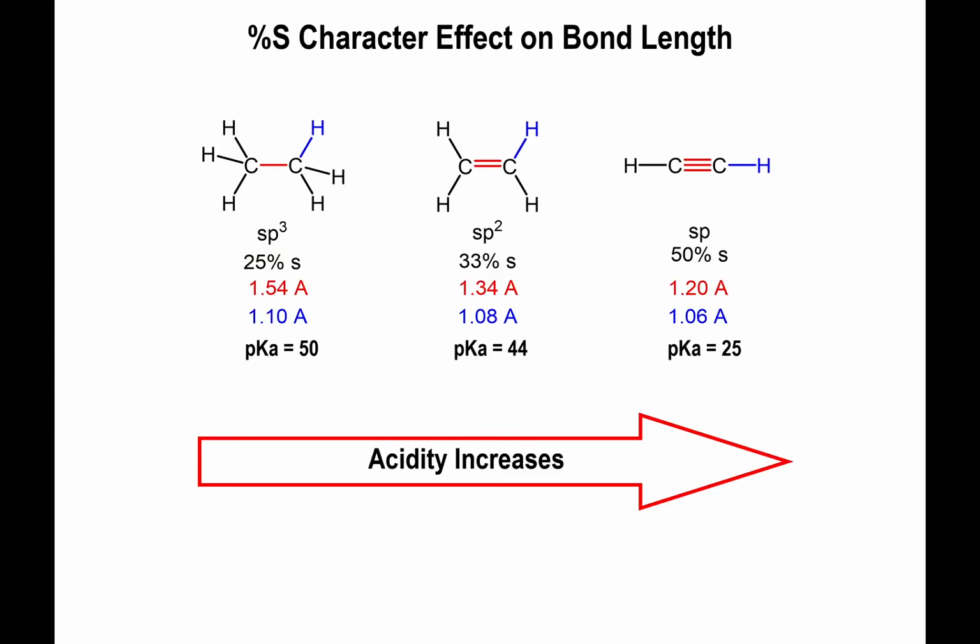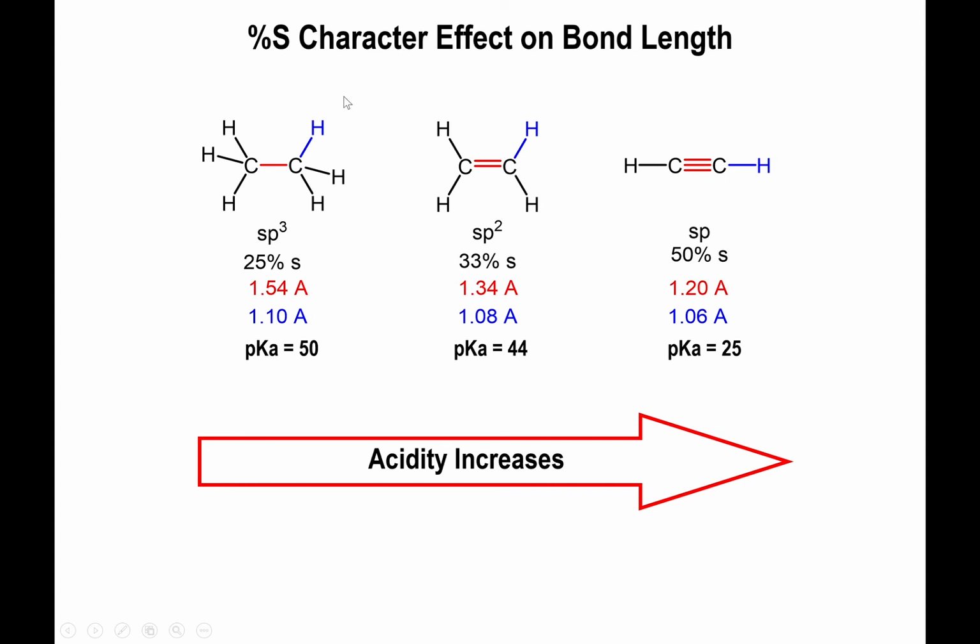And the more S content you have, the more positive charge you see. If you think of this in terms of induction, the more positive charge you see on that carbon, the more the electrons of that CH bond are going to go towards the carbon. And in doing so, this H will become more like an H+, therefore turning this into a more acidic substance.